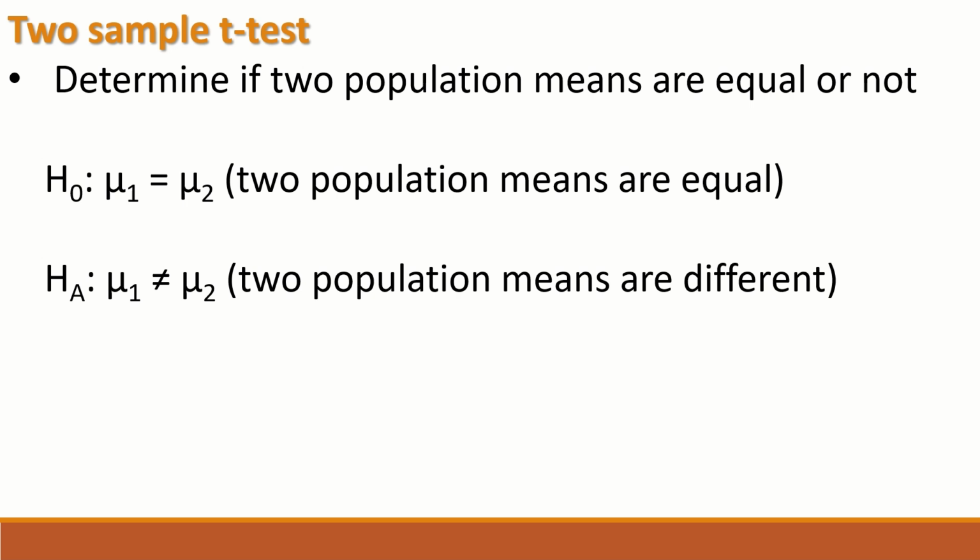Alternatively, the alternative hypothesis will state that the two population means are different. Then a p-value will be calculated, the statistical analysis will be performed, and the null hypothesis will be rejected if the p-value is less than 0.05.